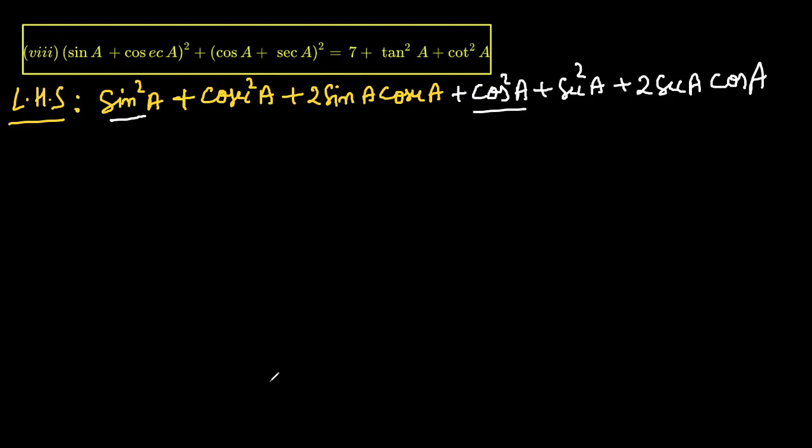So we want to bring them together. We get sine square a and cos square a in one bracket: sine square a plus cos square a. This is sensible because we want to get this 7 here on the right side. And plus, can we write cosec square a as 1 plus cot square a?